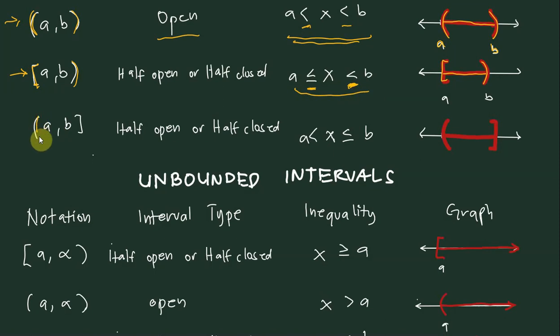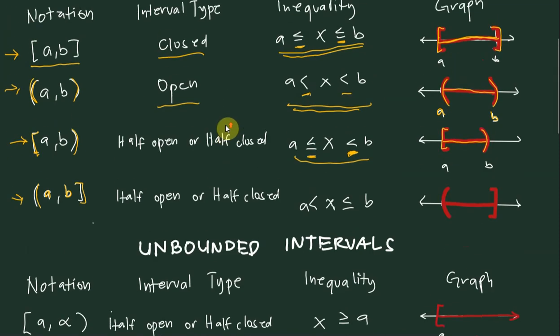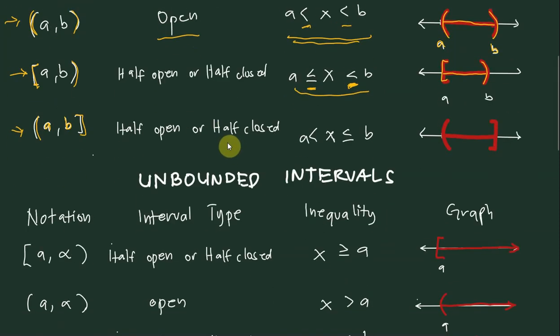Okay, so this next row is simply the same, but the half closed or half open is just switched to the other side. In this particular example, the non-strict inequality is on b, and the strict inequality is on a.